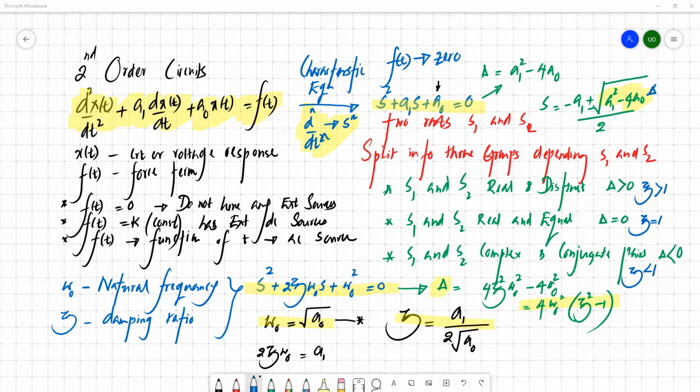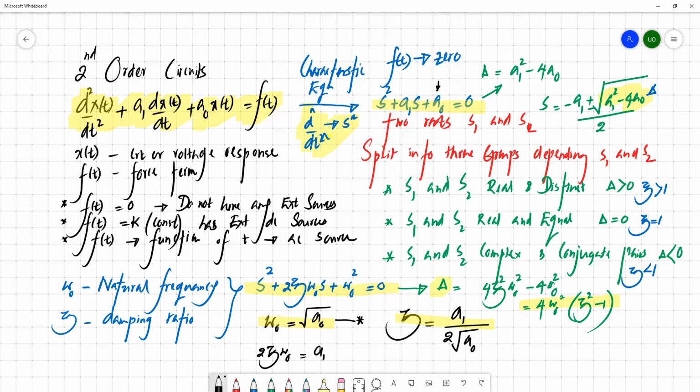If zeta, the damping ratio, equals 1, you end up with real equal roots. Less than 1, you have complex conjugate roots. So depending on the zeta value, we can classify these three scenarios like that.